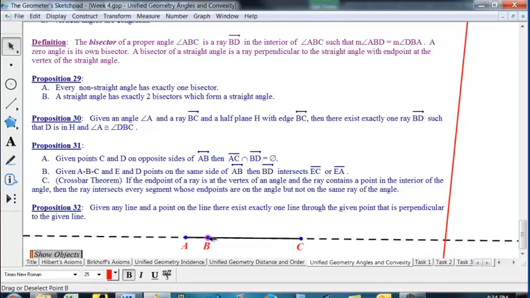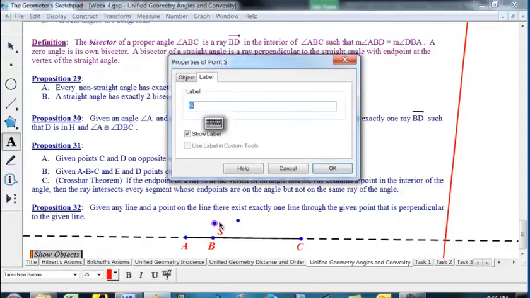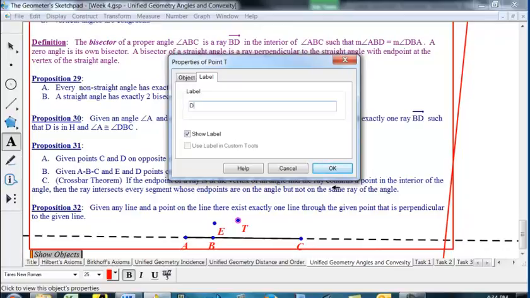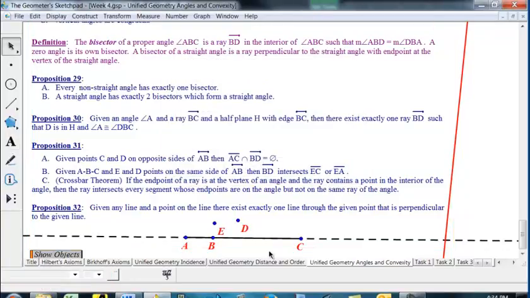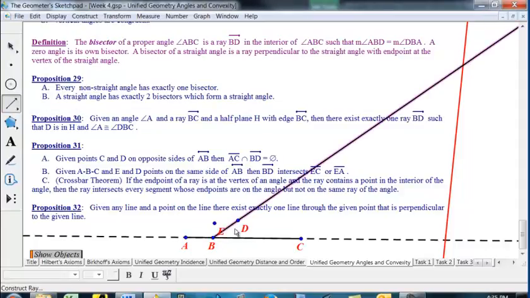E and D are on the same side of the line. So now we've got points over here, E and a point D. D and E on the same side. Then we look at ray BD, and then we look at the line segments here and here.